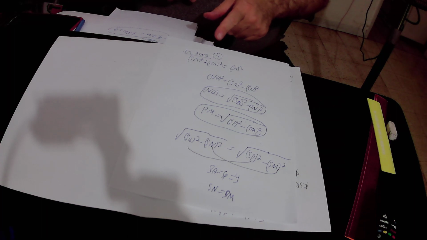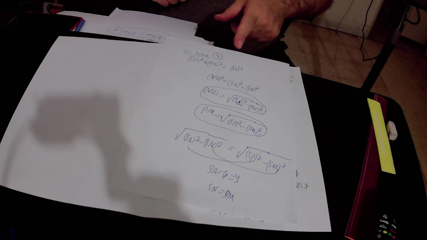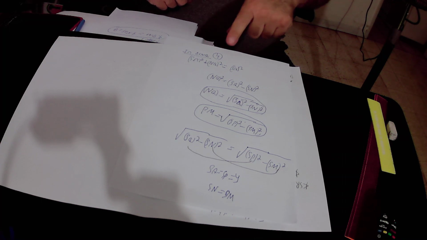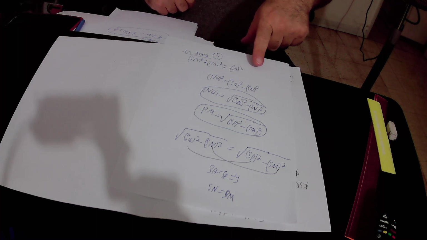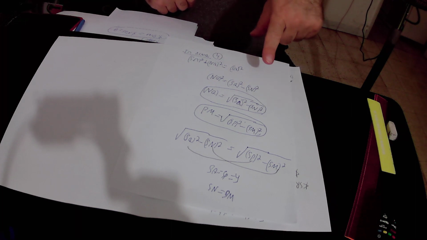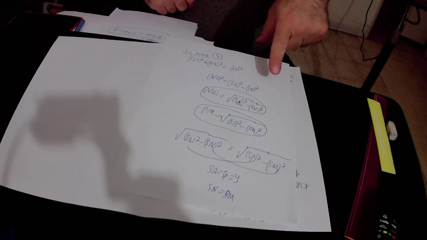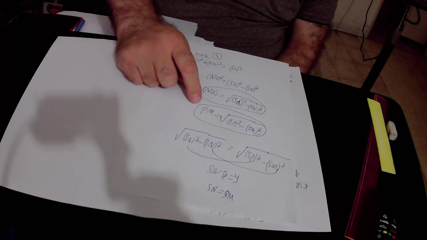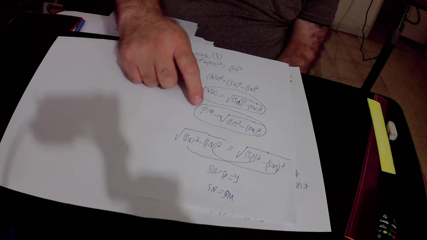In triangle SNQ, according to the Pythagorean theorem, SN squared plus NQ squared equals SQ squared. We subtracted SN squared from this equality, and we got that NQ squared equals SQ squared minus SN squared. We took a root out of this equality, and we got that NQ equals the root of SQ squared minus SN squared, and we have already found that PM equals the root of SP squared minus SM squared.